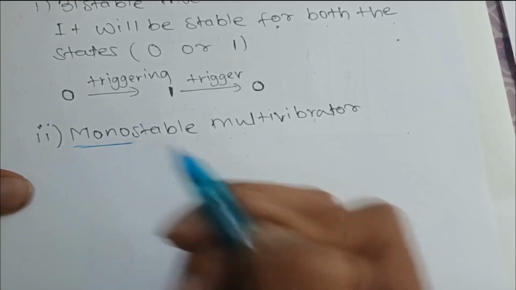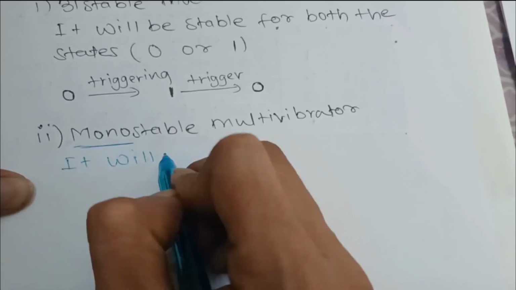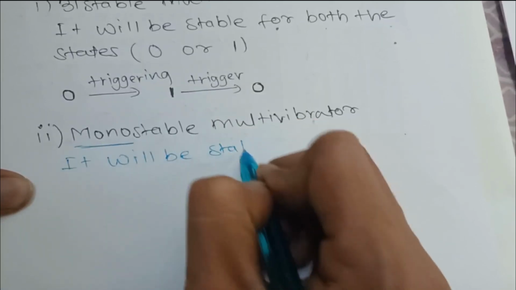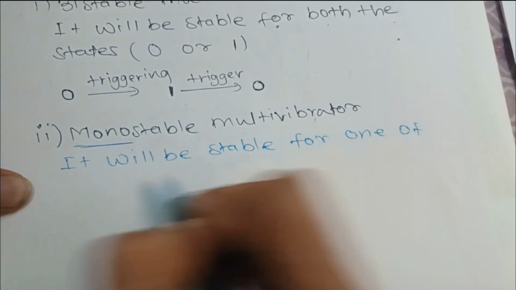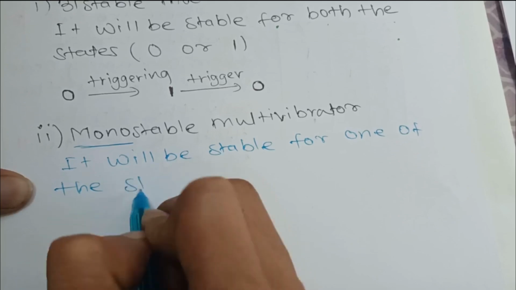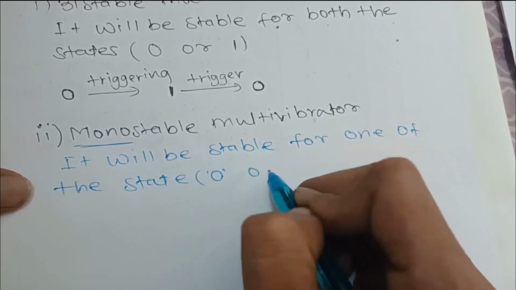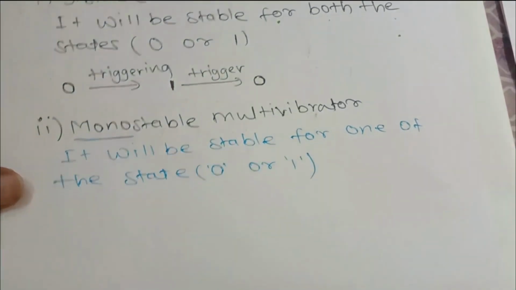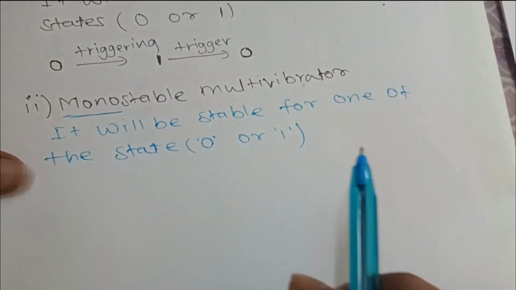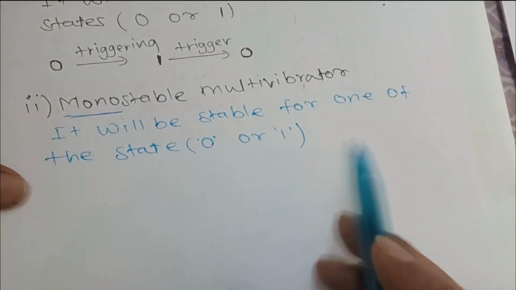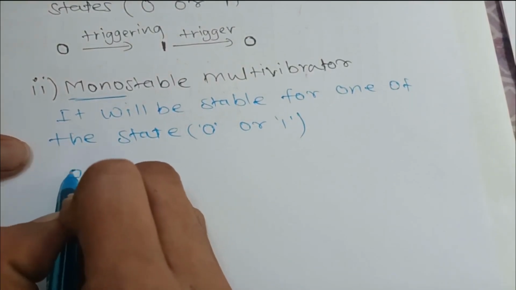It will be stable for one of the states, it may be 0 or 1. The circuit which is stable for only one of the states, that will be 0 or 1. So suppose 0 is your stable state.